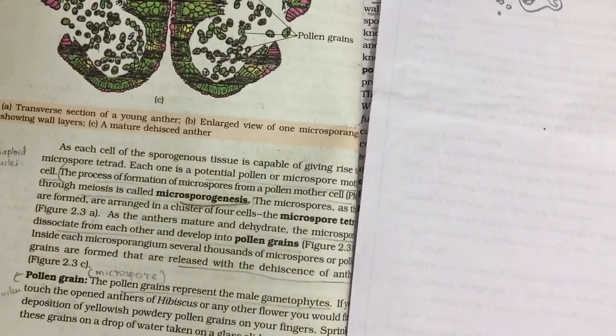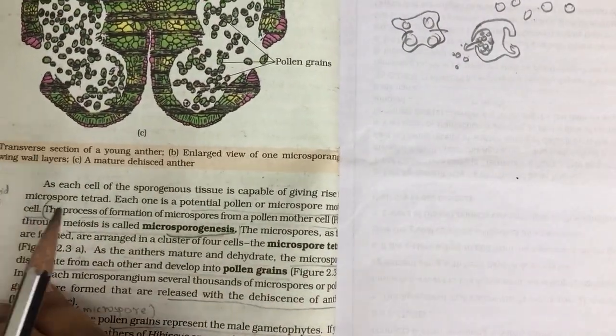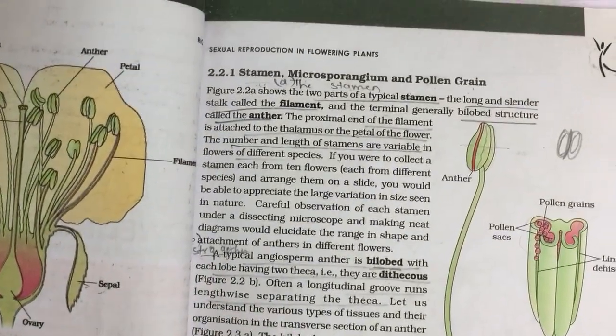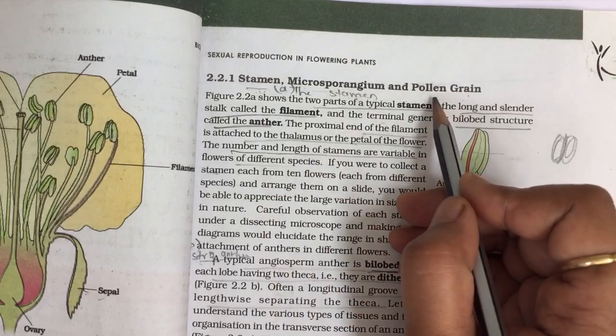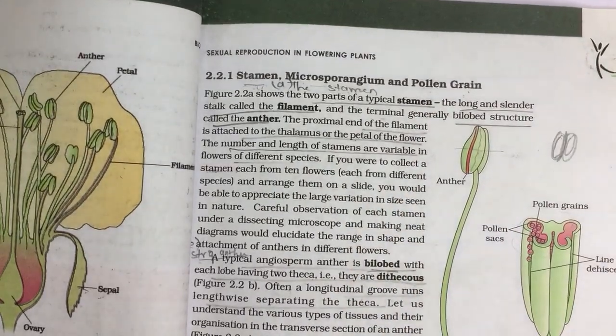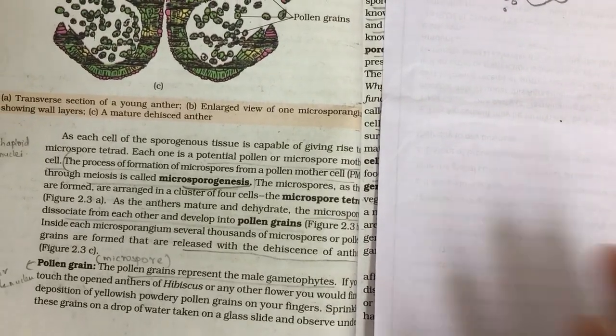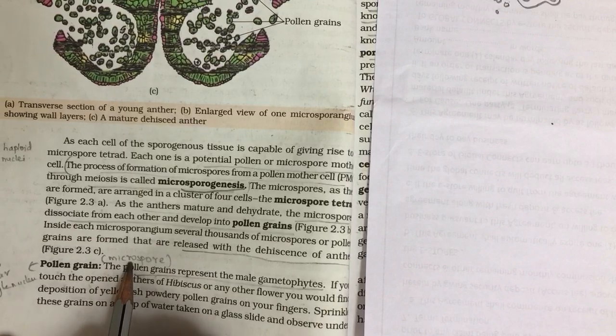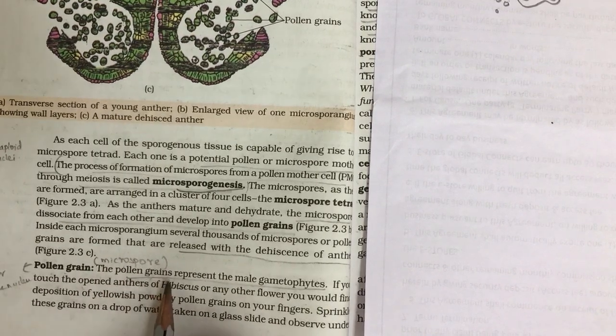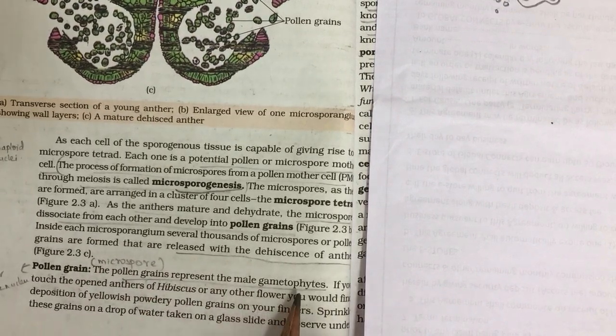Then we shall discuss pollen grain. First we talked about the stamen, and now microsporangium is completed. The last one left is the pollen grain. Pollen grain is also called a microspore. The pollen grains represent the male gametophyte.